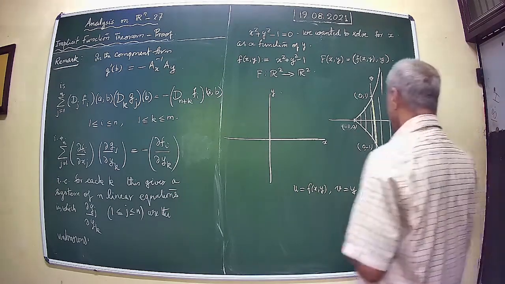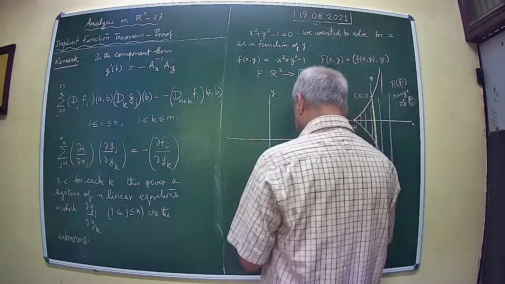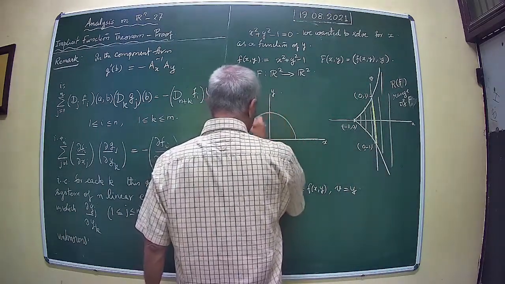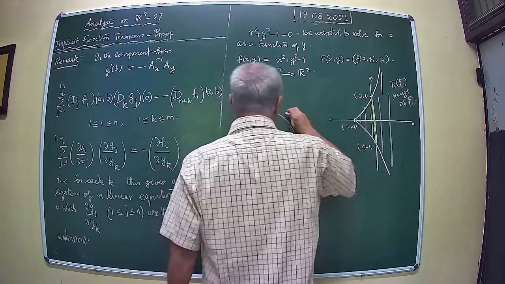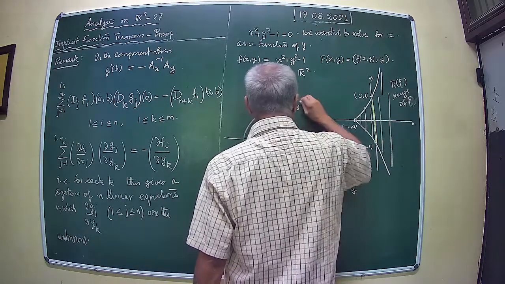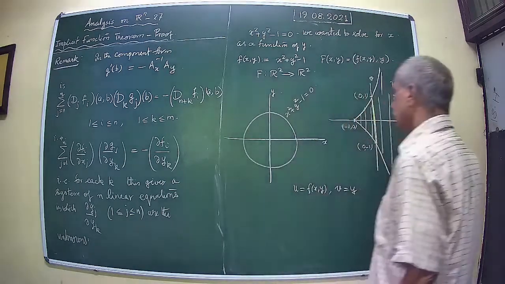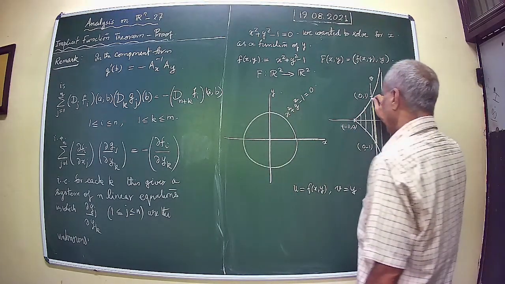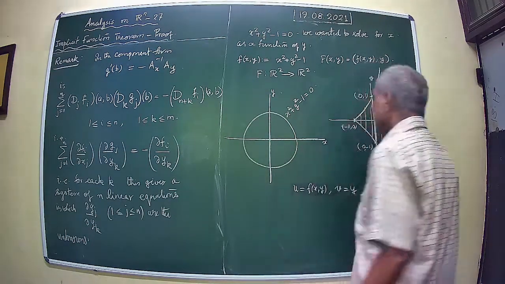This is u equal to 0. That means the circle that we have, this is the circle, and this circle gets mapped to this. This is the image of the circle.